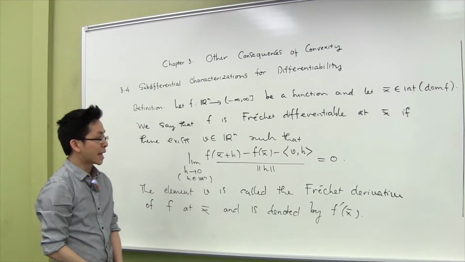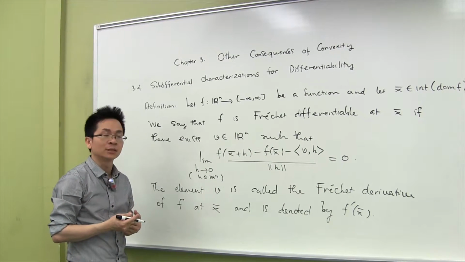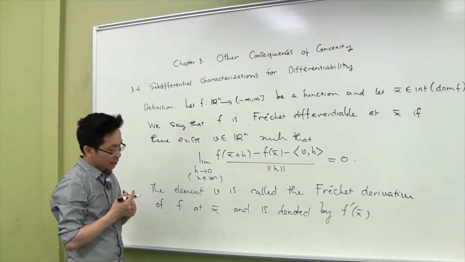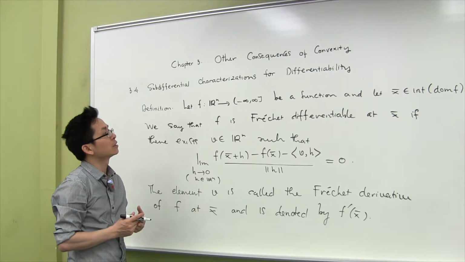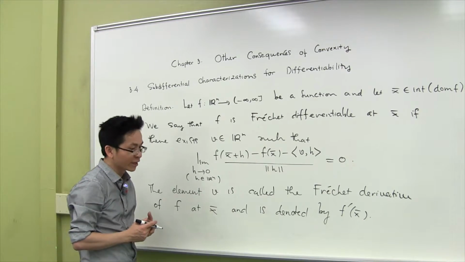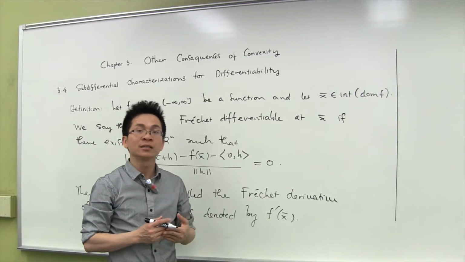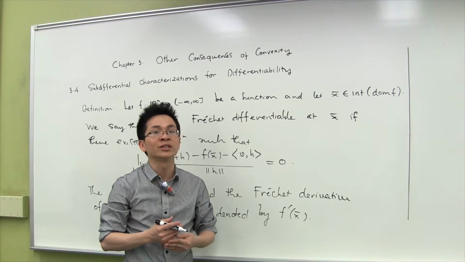Okay, next I'm going to show that for a convex function, the Gateaux differentiability coincides with the Fréchet differentiability. That is a very, very nice property of convex functions, and this is not true in general.